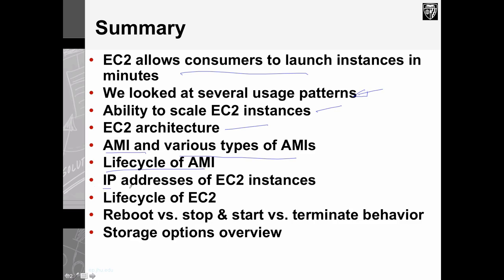We talked about the IP addresses of EC2 instances and the life cycle of the EC2 instance itself. What happens when you stop it, reboot the instance, or terminate the instance? We learned the differences between stopping, rebooting, and terminating an instance. And we briefly looked at some of the storage options available for EC2 instances.